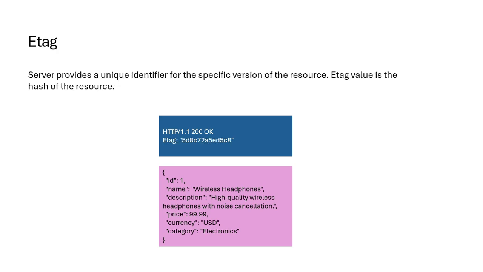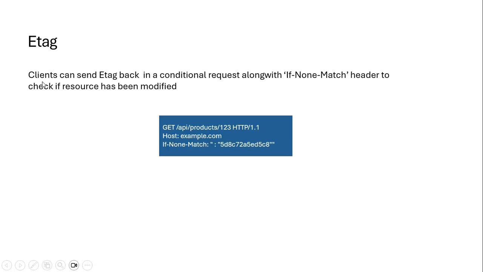ETag is where the server provides a unique identifier for the specific version of the resource. The ETag value is like a hash of the resource. The client can send back the ETag in a conditional request along with the If-None-Match header to indicate whether the resource has been modified or not.